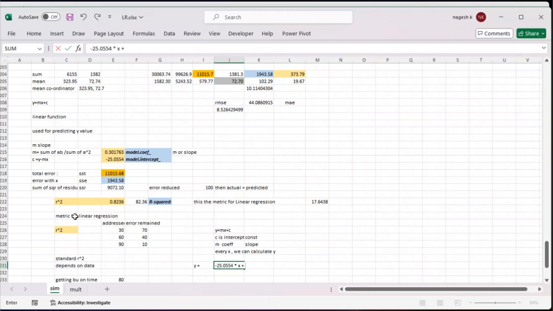We can take any x, multiplied by x, plus c. What is c here? We got c equal to 0.25. Okay, m is different.